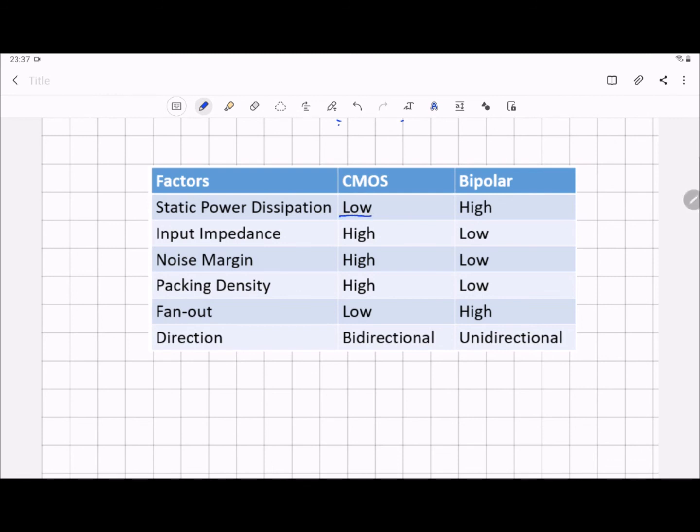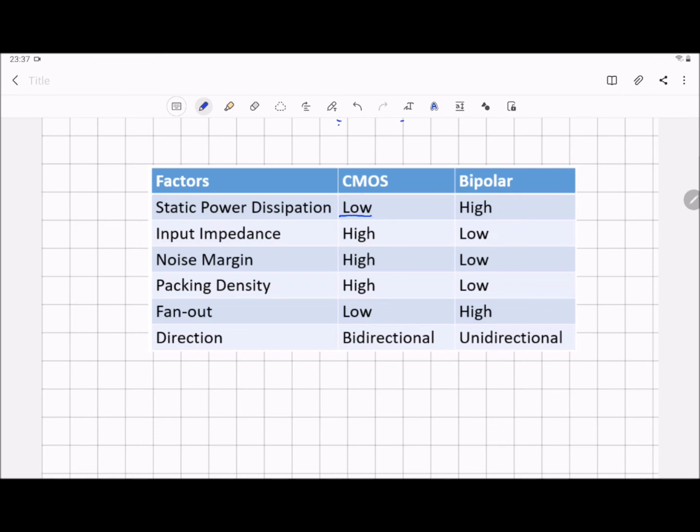In the ideal case, we can say we have zero static power dissipation, whereas in bipolar logic we have seen there was a direct, low resistance path from VDD to the ground rail, so we have high static power dissipation.